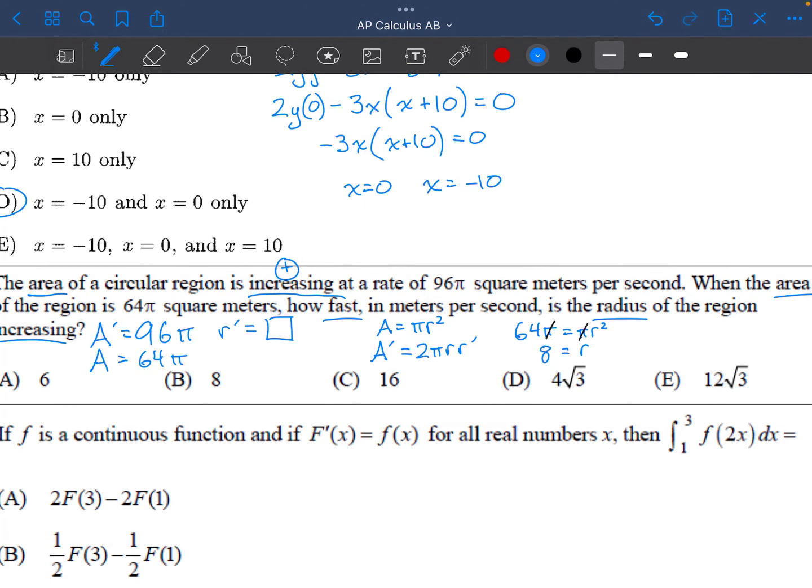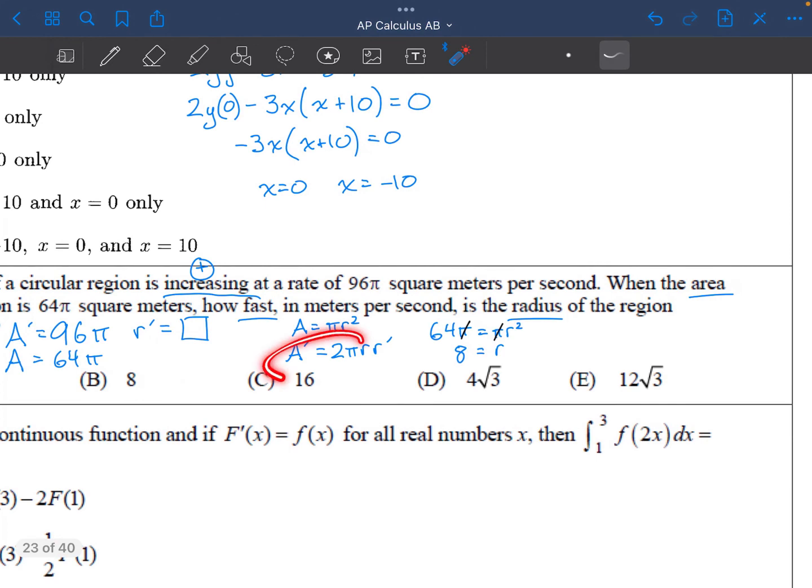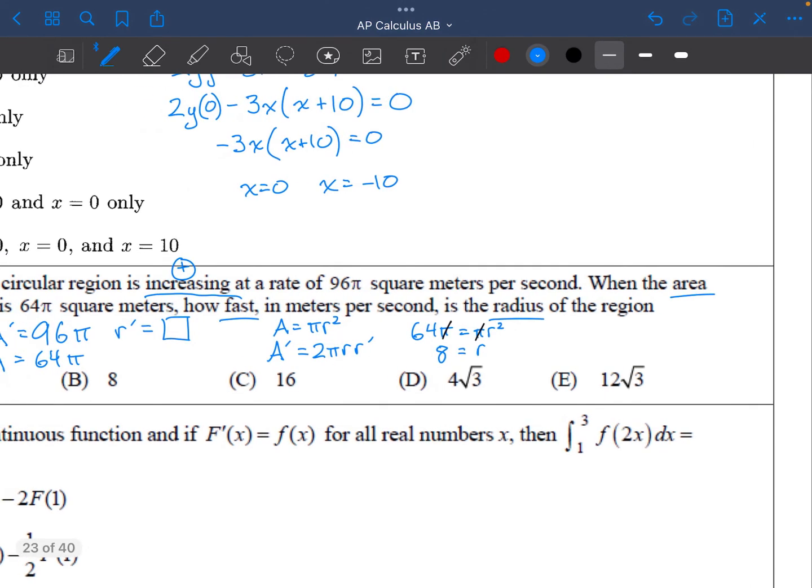So now that we have r is equal to 8, now I can plug into that second formula down here and solve. So I have A prime, which I know is 96 pi. And then on the right side, I have 2 pi r r prime, so 2 pi, and we know that r is 8, so 2 pi times 8 times r prime, which is the thing that we're trying to solve for. So, like we did before, I'm going to divide both sides by pi.